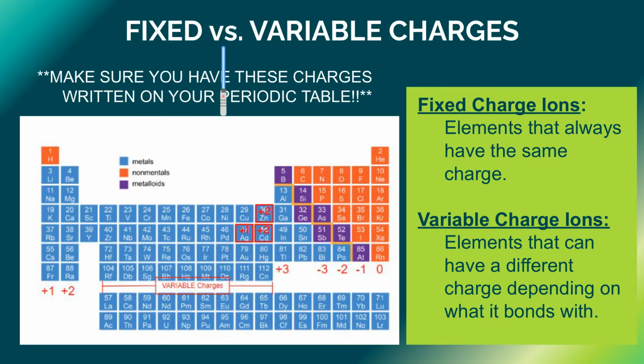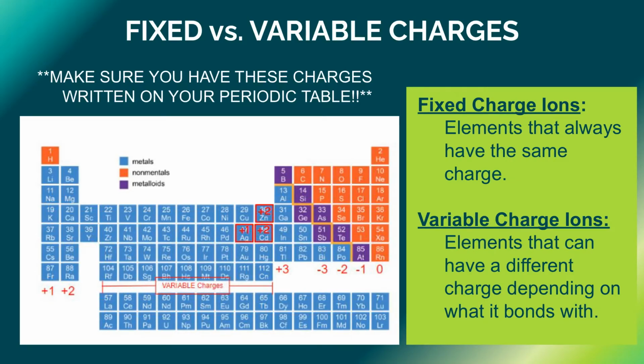So fixed versus variable charges. Make sure you have these charges written on your periodic table. These are always fixed. So group 1 always has a +1 charge. Group 2, a +2 charge. Over here, they have a +3 charge. And then nitrogen's group is -3, oxygen's group -2, fluorine's group -1, and the noble gases is 0.